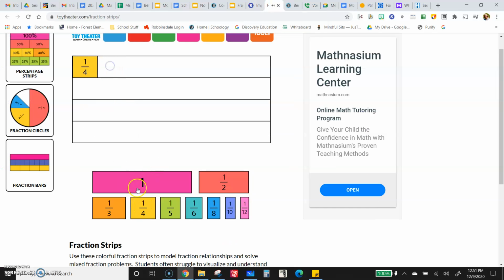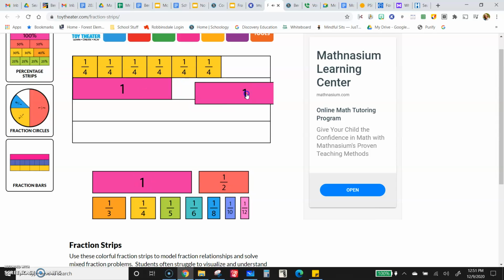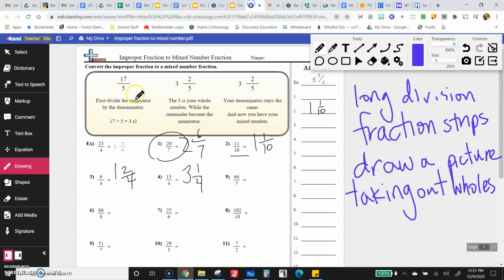So I have 1, 2, 3, 4, 5, 6. Okay, so now let's see. Ooh, that's one whole. And then look, if I do another whole, it doesn't fit up that whole thing. So I just have one whole there, and then I have 2 more fourths left over. That's one way I could get 1 2/4.